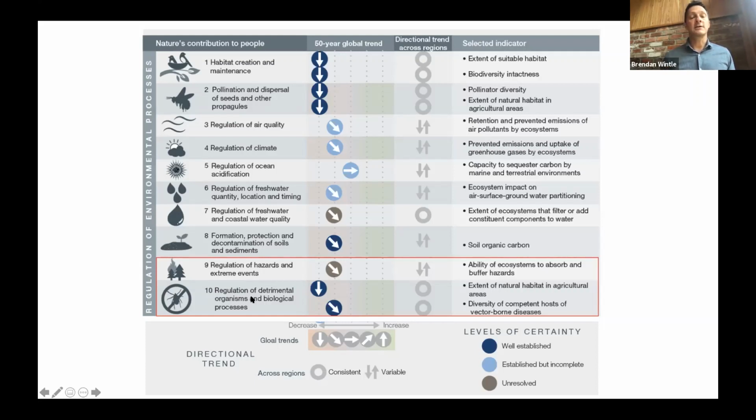And you can see here, particularly recently, the regulation of detrimental organisms and biological processes. This is disease, vector-borne disease, and the capacity of ecosystems to buffer us from those outbreaks of disease is also decreasing and continuing to decline, and that's a global phenomenon.